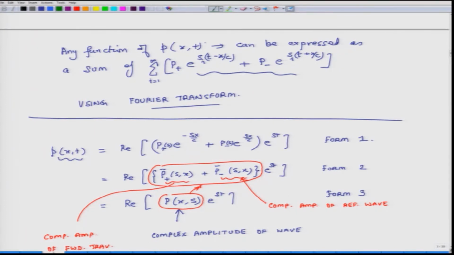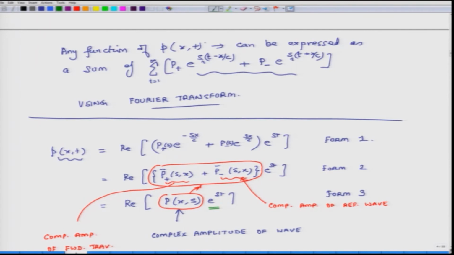There is this term e to the power of st, and whatever is multiplied to e to the power of st, everything else goes into the complex pressure amplitude. If you just remove e to the power of st, whatever you are left with is the complex pressure amplitude of the wave. Similarly, the complex velocity amplitude of the wave, if we look at form 3, is also shown here.